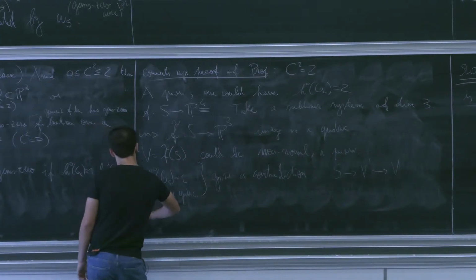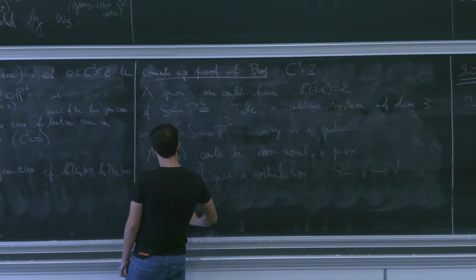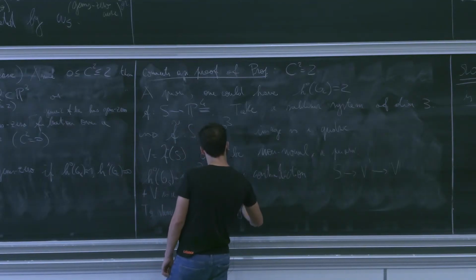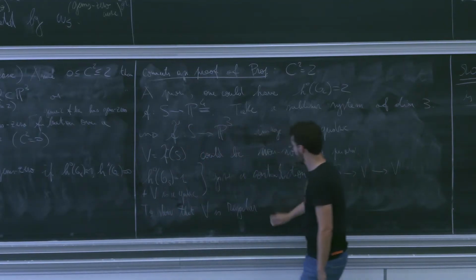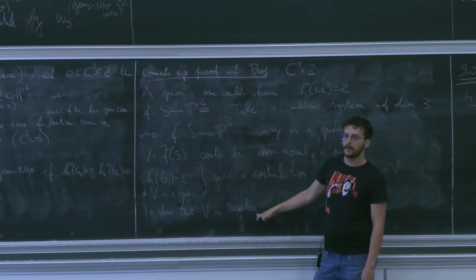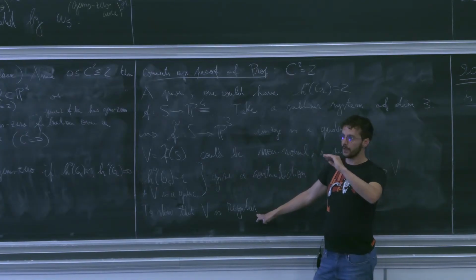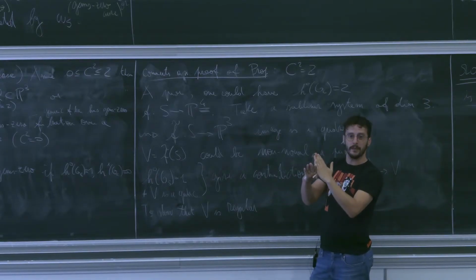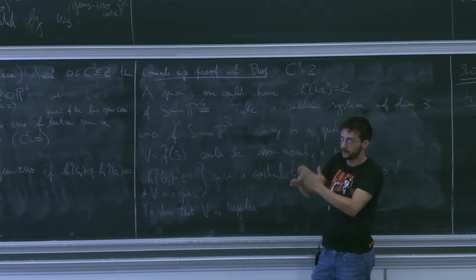And then to show that it's regular: if it's normal but not regular, this is a cone. Again, it's a quadric, right? So the way you do this, you take some hyperplanes passing through the vertex, and then you take the pullback, and this gives a contradiction with the minimality of C, because basically it splits, and we assume that C doesn't split.